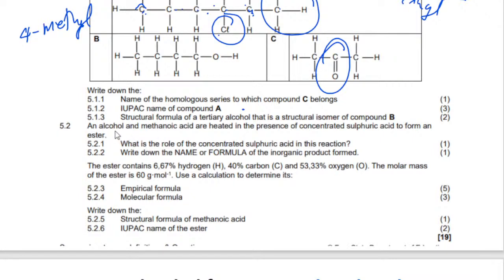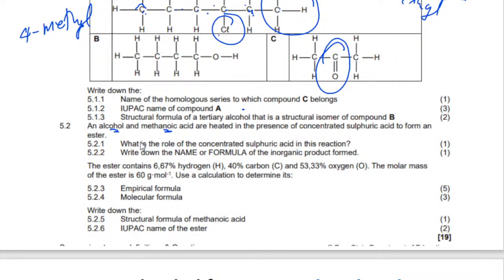Alcohol and the methanoic acid are heated in the presence of concentrated sulfuric acid. The moment you bring about alcohol, and you bring about carboxylic acid, because when you say oic, that's a carboxylic acid, you are talking about esterification.